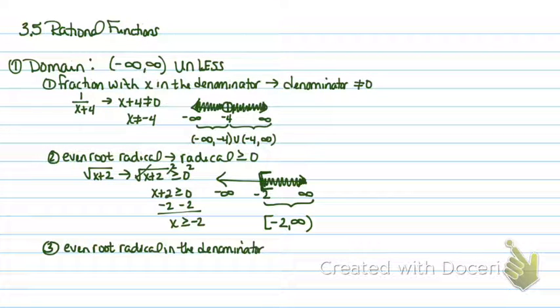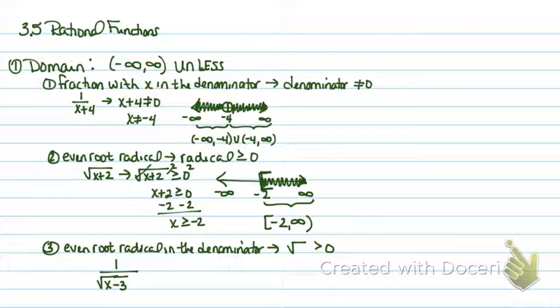So if I have, in this case, you would take that radical and set it greater than 0, okay? So if I have 1 over the square root of x minus 3, and I'm going to be crazy here, put plus 2. Now, let's not worry about the plus 2 yet.